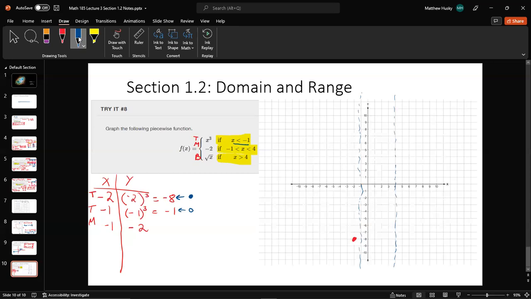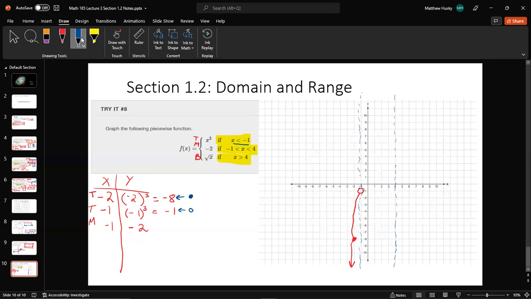So I'm going to have the point -1, -1, and that's going to be an open circle on my graph right here. Then I have a curve basically going from there to there, and it's going to keep on going down forever.